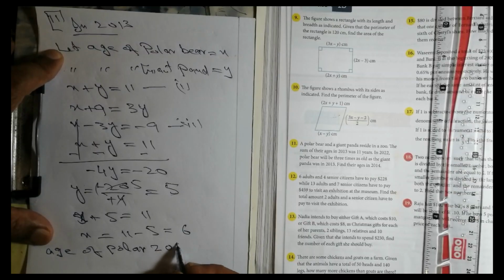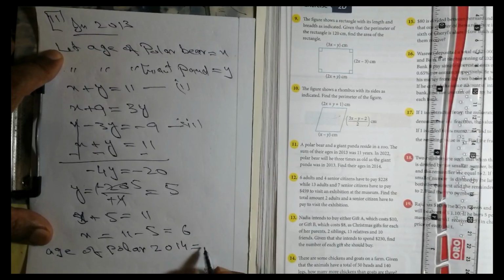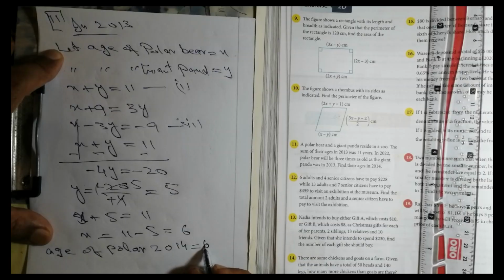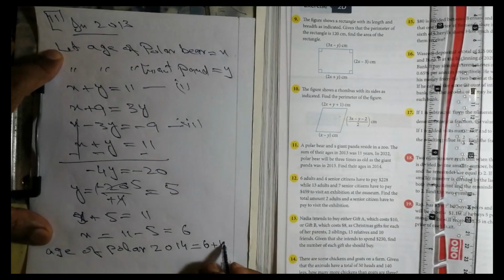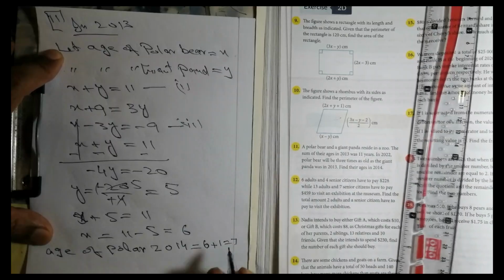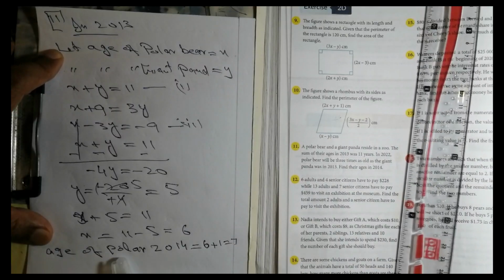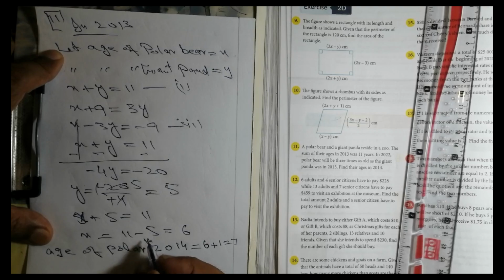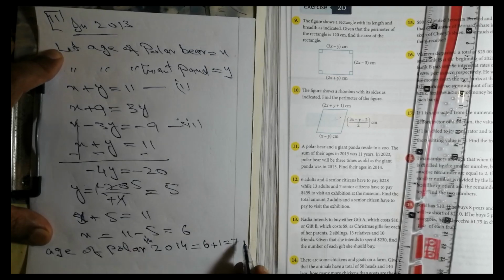So for 2014, age will be 6 plus 1, which is 7 years. So the age of the polar bear in 2014 is equal to 7 years.